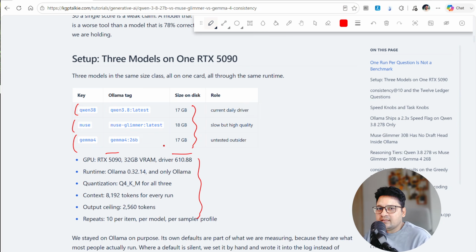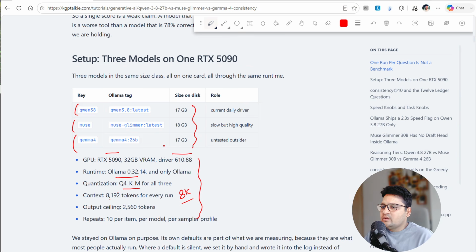I'm sharing all this so that if someone wants to reproduce the same result, they can. I also used this Ollama version, and the Q4_K_M quantization, which is basically 4-bit quantization. I use only an 8000 context window for each run so that I can match the performance of various models together. Basically, I can compare the models.